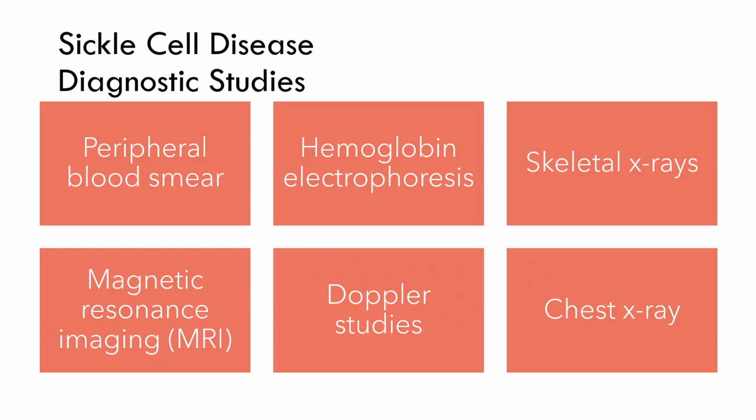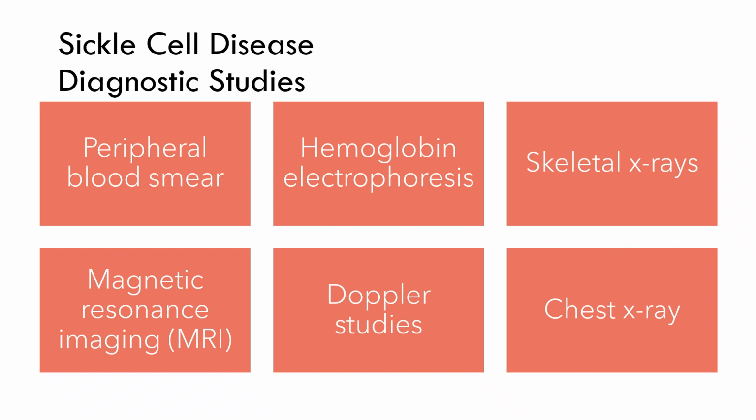Some of our diagnostic studies: we have the peripheral blood smear, hemoglobin electrophoresis, skeletal x-rays, MRIs, Doppler studies, and chest x-rays. Peripheral blood smear may reveal sickled cells and increased abnormal reticulocytes. Hemoglobin electrophoresis can determine the amount of the S, the crescent-shaped RBCs.